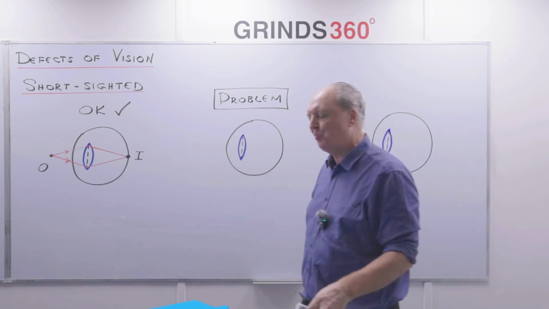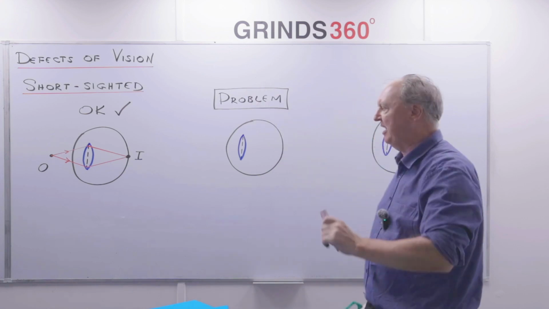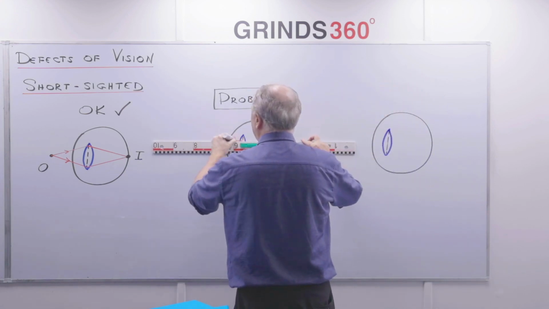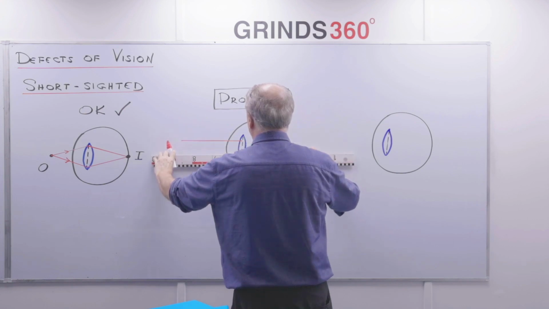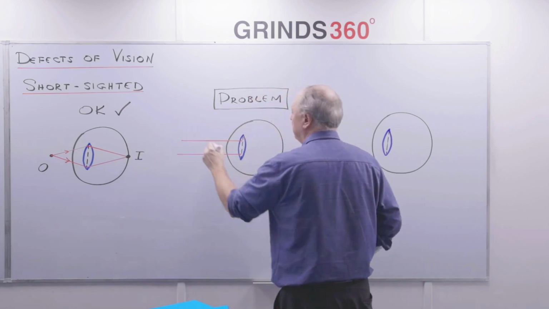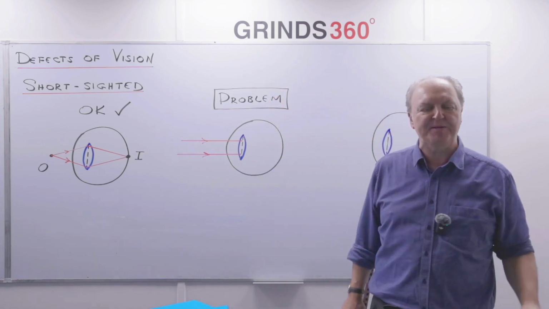They'll miss my pupil completely. So when you're looking at something far away, you're essentially looking at light that is coming in parallel to your eye like that. Any rays that are not parallel will miss the pupil. So you're essentially looking at parallel rays of light from a distant object.